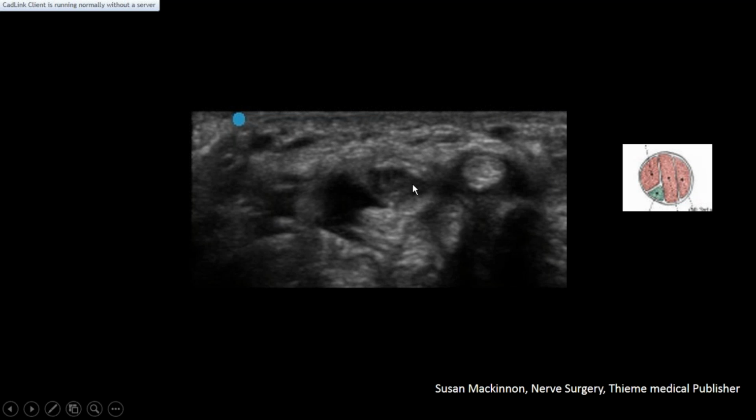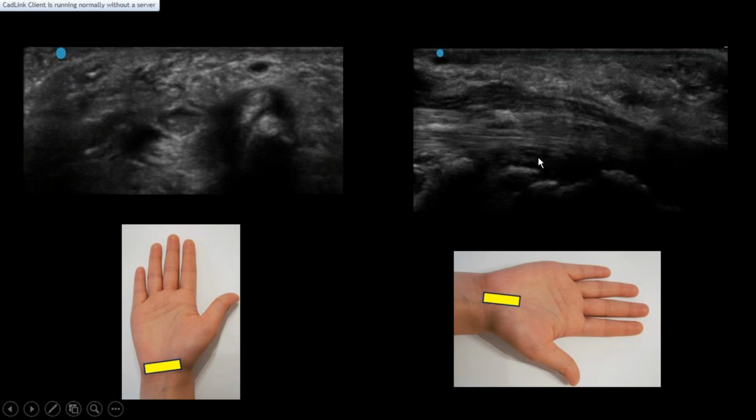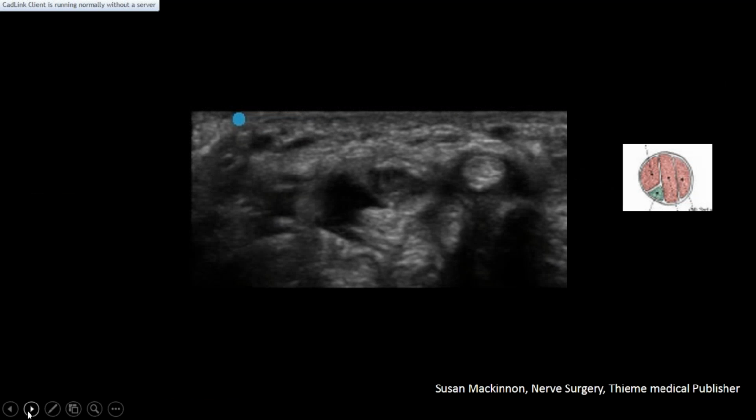Now look at her nerve at the site of maximum enlargement, which is this area. Now on the right I have a reference image of how the fascicles are arranged. So the red that you see, those are sensory fascicles. The green that you see is motor fascicle. And if you look at the nerve, the darker fascicles are actually similar to what you see on the right side.